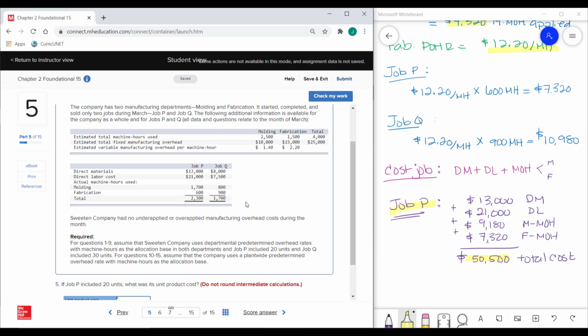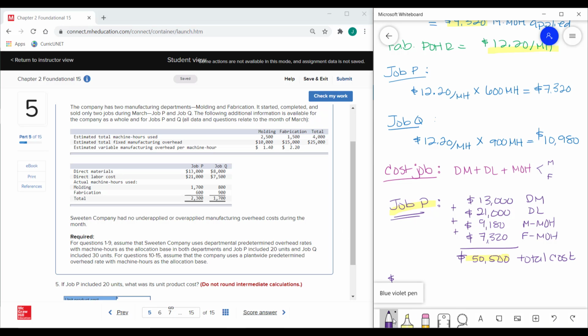So what would be the cost of each unit within job P? Because remember, a job consists of homogeneous units. So whether there's one unit in a job or 1,000 units, they're all the same within a job.